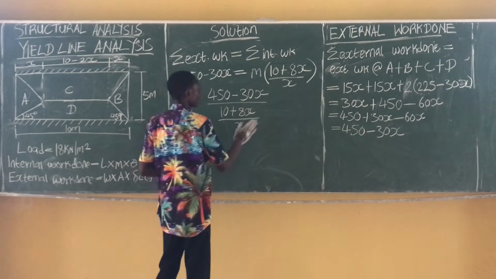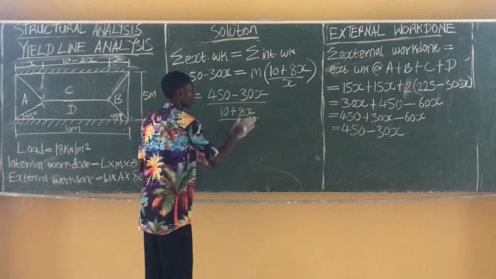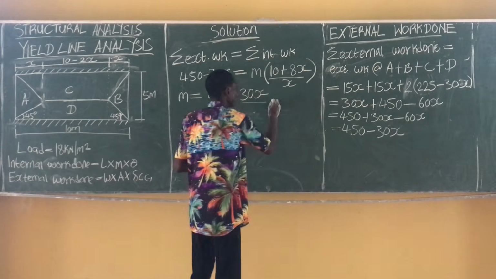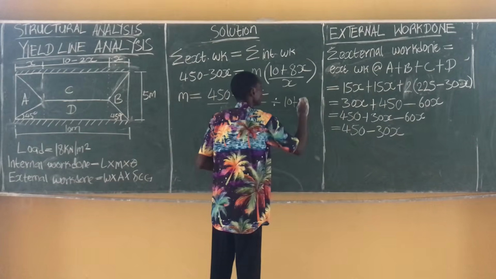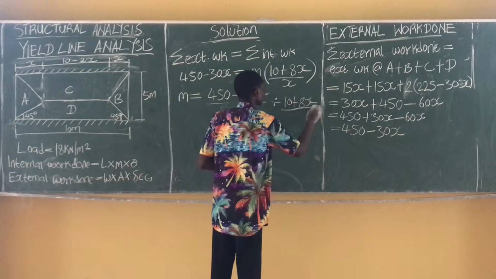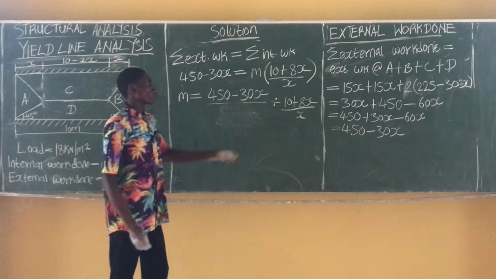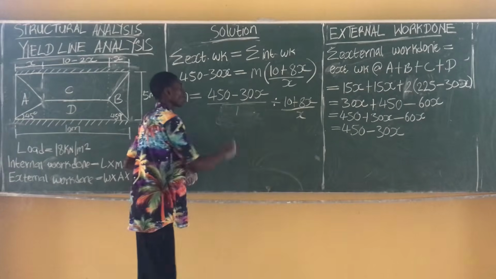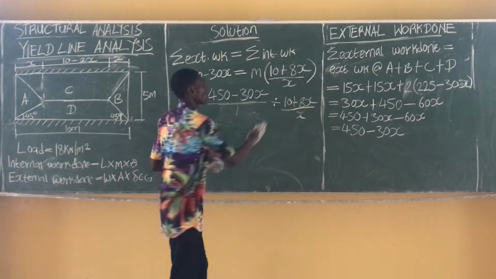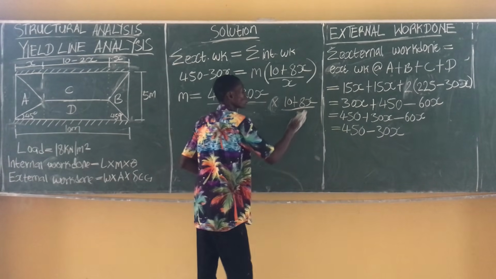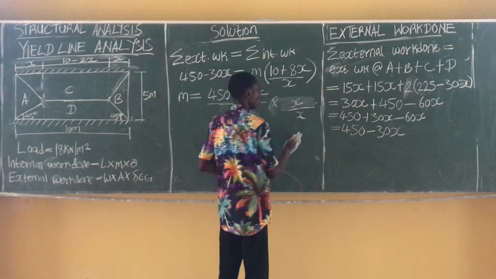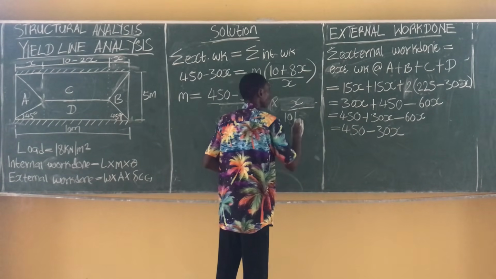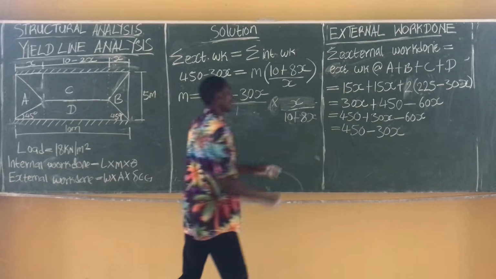To carry out this computation correctly, we simply multiply, and this is inverted. So we have x all over 10 plus 8x.